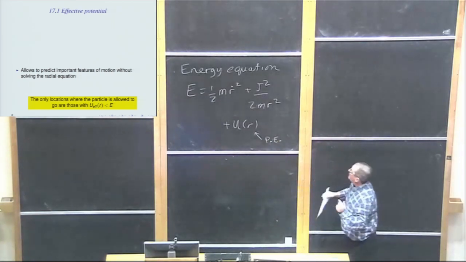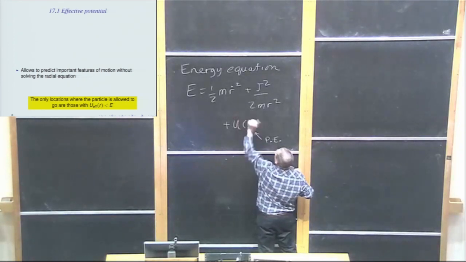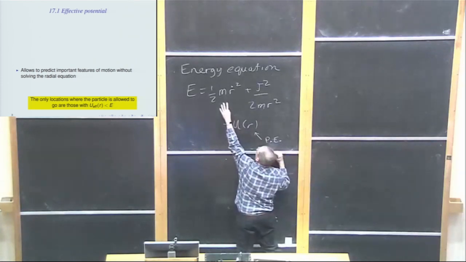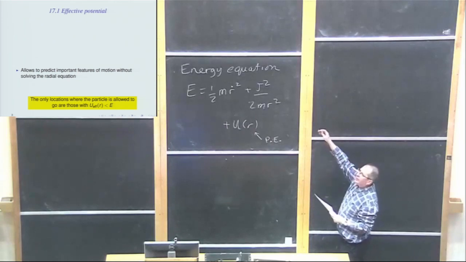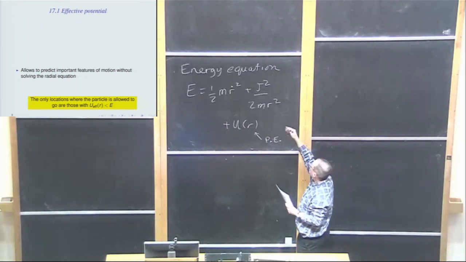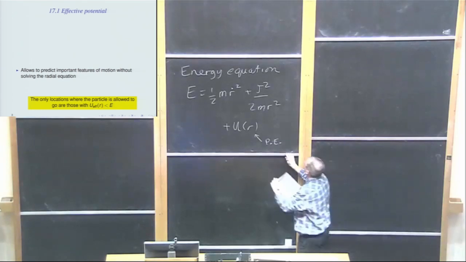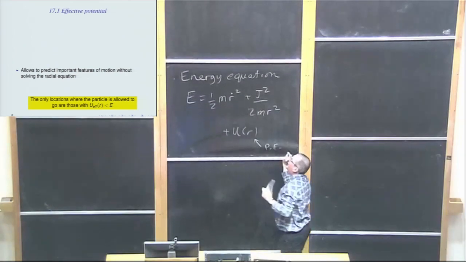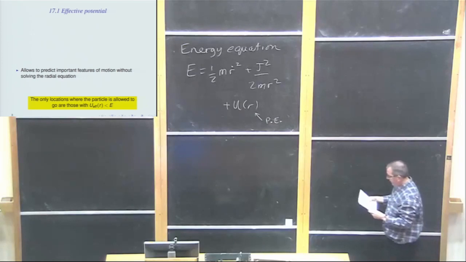So let's just remember where these terms come from. This is the kinetic energy, but it's being decomposed into the radial part and the azimuthal part. This is the energy equation for a central force, I remind you, and that enables us to write the azimuthal part in terms of the angular momentum, which is conserved.